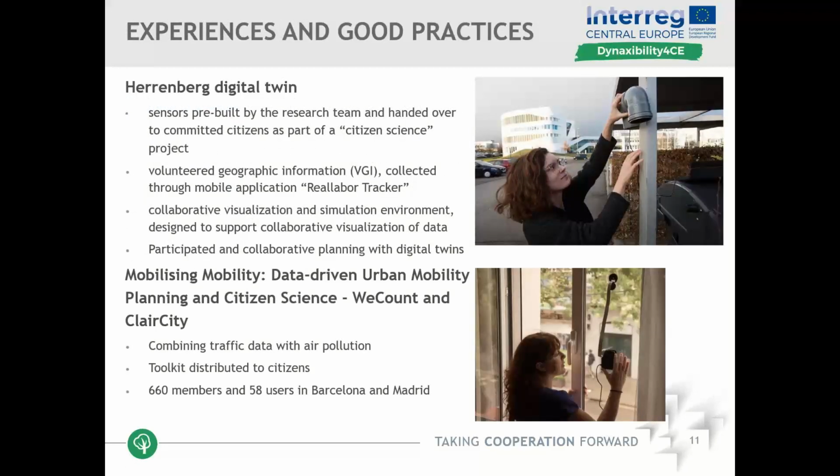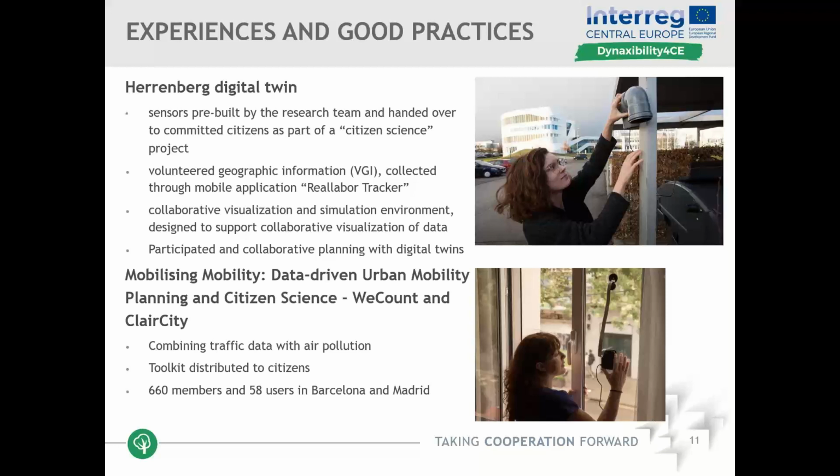Two examples here as well. The example of the Herrenberg city, where a digital twin has been developed in order to interpret and to analyze the main phenomena related to the development of the mobility systems. And this is based on, let's say, four main aspects.